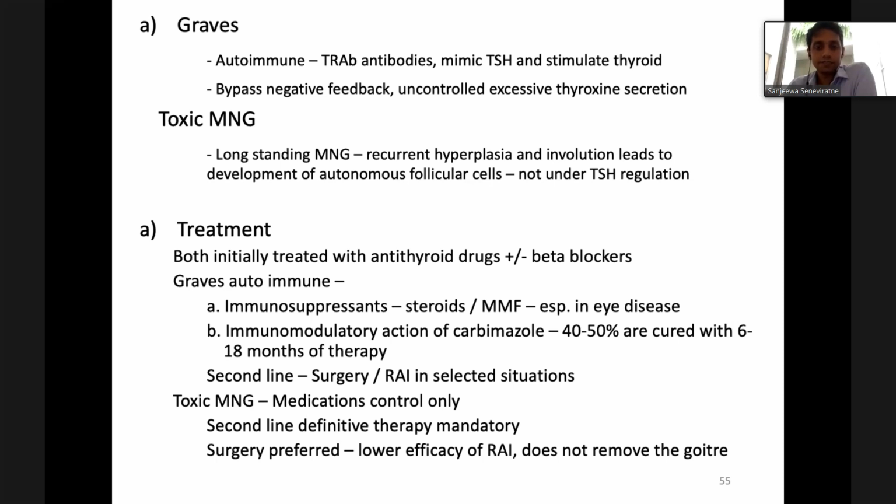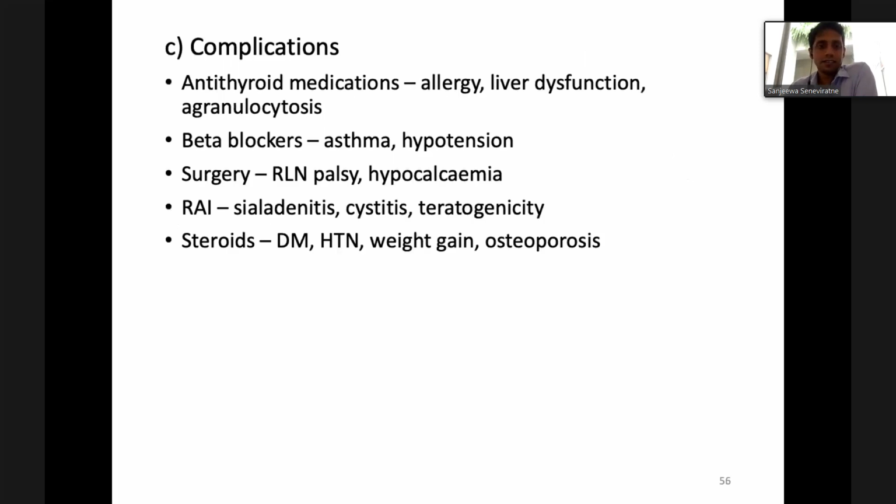Okay, so the last one is side effects of these treatments. What are the side effects of treatments? Okay, so there are a lot of treatments.